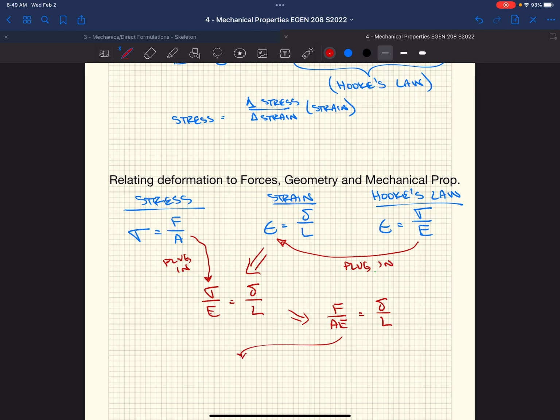We're going to rearrange this one last time and say that the change in length is the force times the length over the area times our modulus of elasticity.